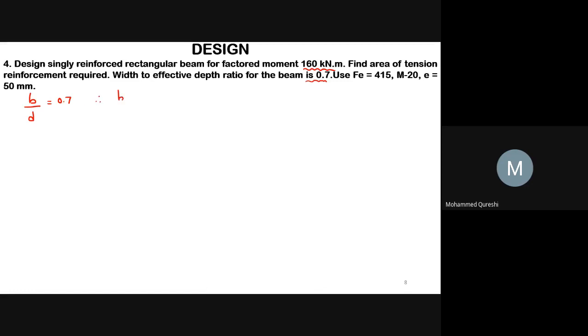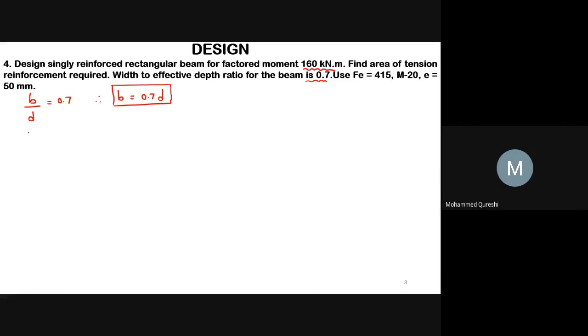Hence we may say that small b equals 0.7 d. The values of b and d are both unknown in this example. So either we calculate b or d first, so we may get the remaining value.